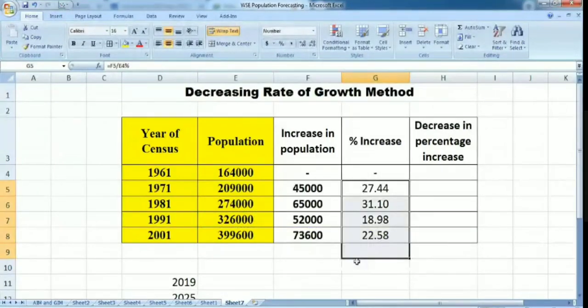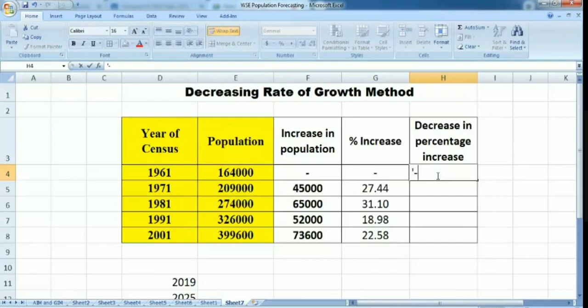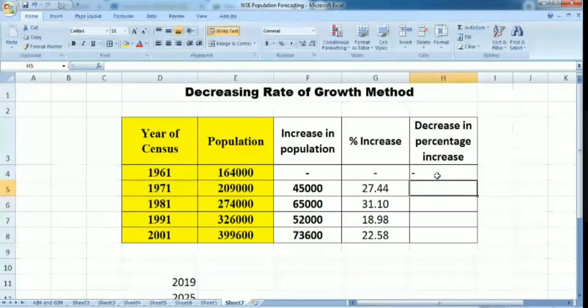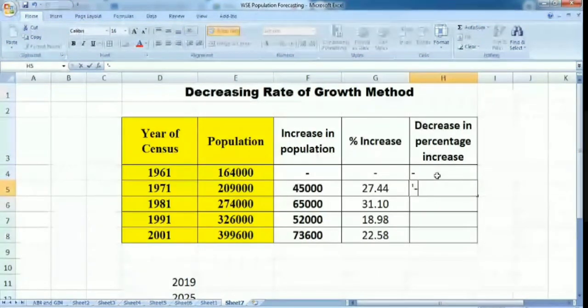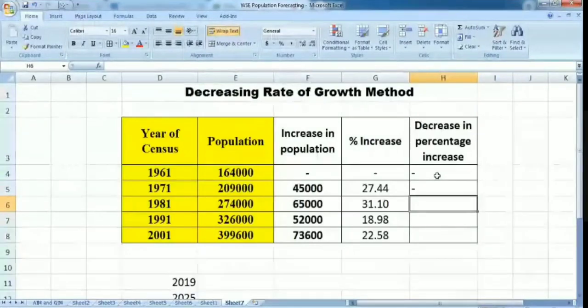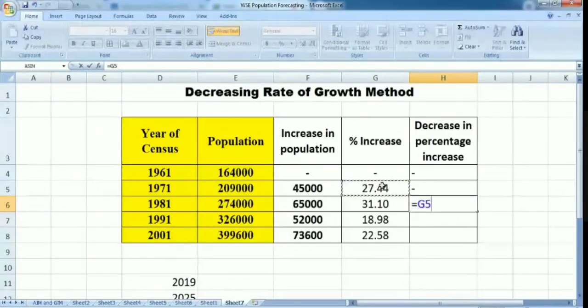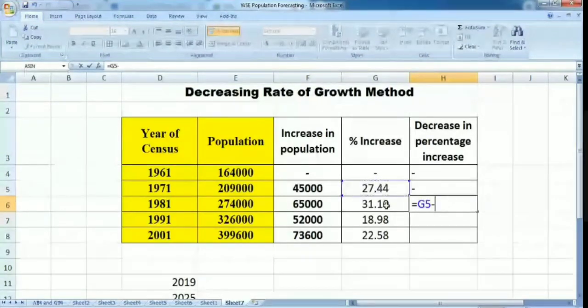So how to calculate the decrease in the percentage increase? First two rows, 27.44 minus 31.10. Why is it so?